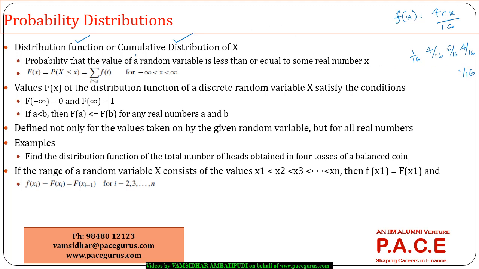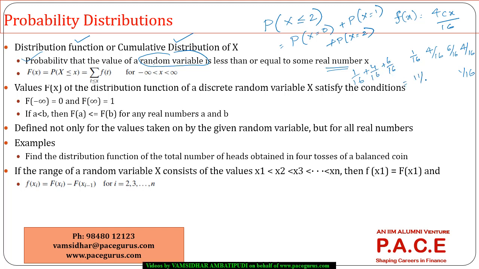Now, if I really have to talk about a cumulative distribution of x, it is the probability that the value of the random variable is less than or equal to some real number. Probability x less than or equal to 2 is the same as probability of x equal to 0 plus probability of x equal to 1 plus probability of x equal to 2, which is 1 by 16 plus 4 by 16 plus 6 by 16, making it 11 by 16.